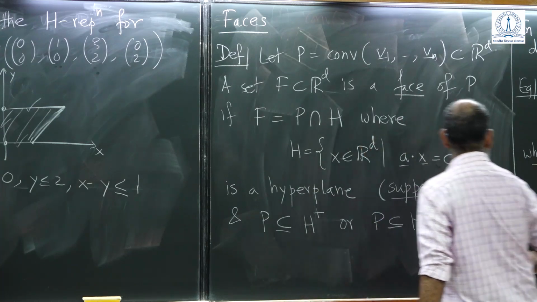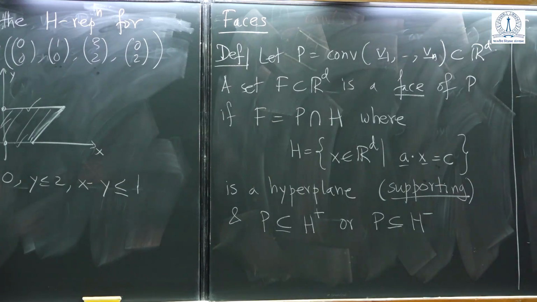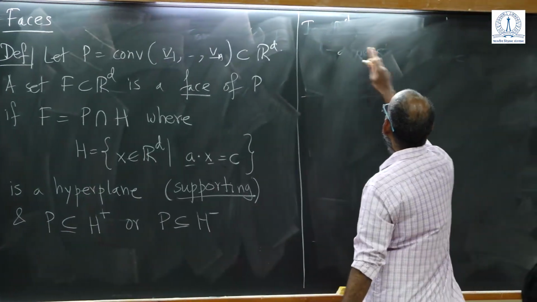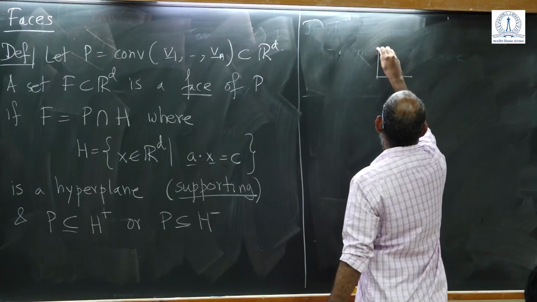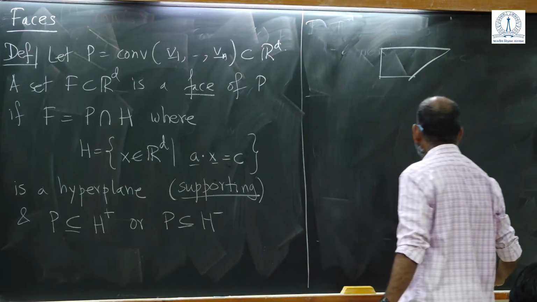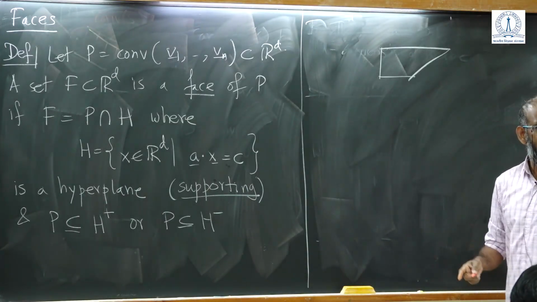So for example, we can take the same example. So let's take something like that, and let me use another color. So what is an example of a face here?